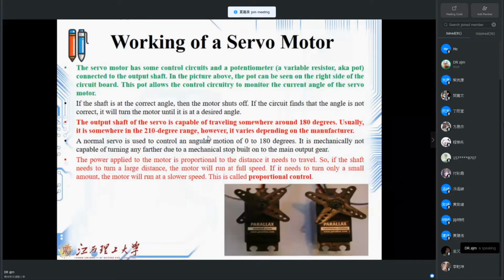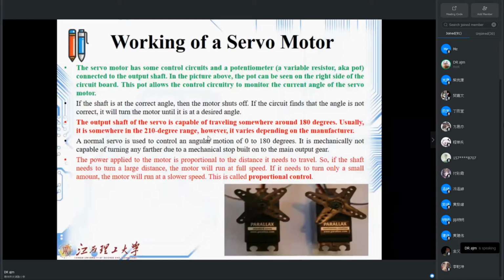This pot allows the control circuitry to monitor the current angle of the servo motor. If the shaft is at the correct angle, then the motor shuts off.